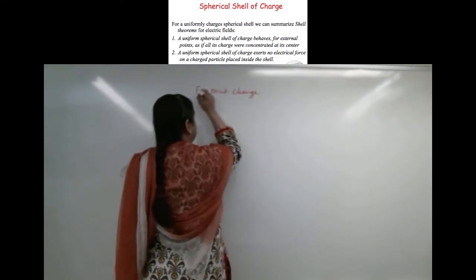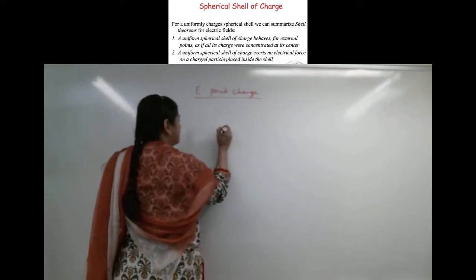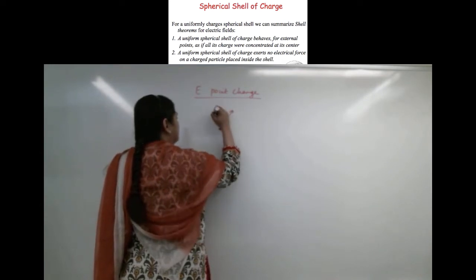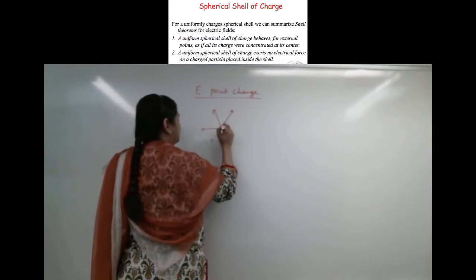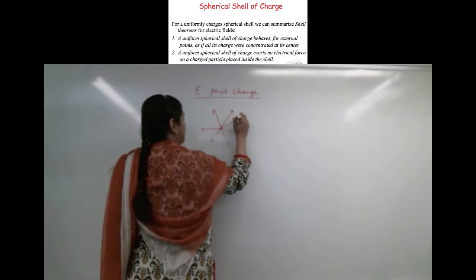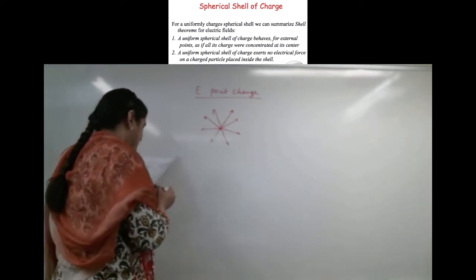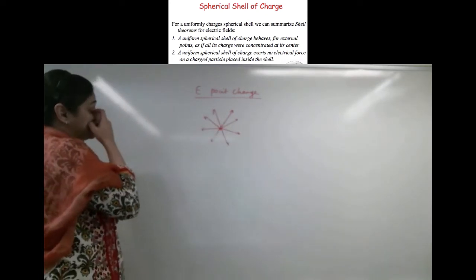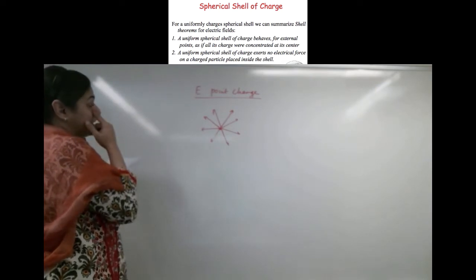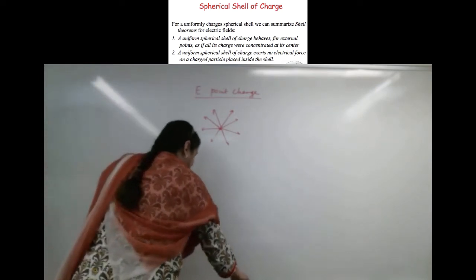If you have a point charge, let's assume this is a positive charge, you will have a field this way, spreading out. Now, if you are going to use Gauss's law to solve it, you need to draw a Gaussian surface.